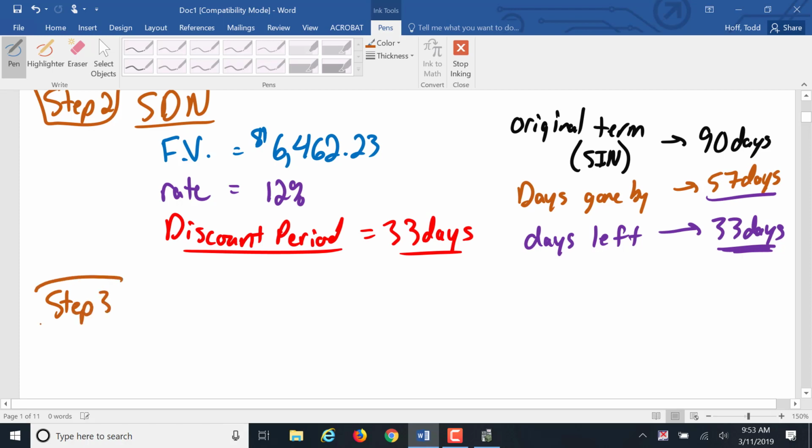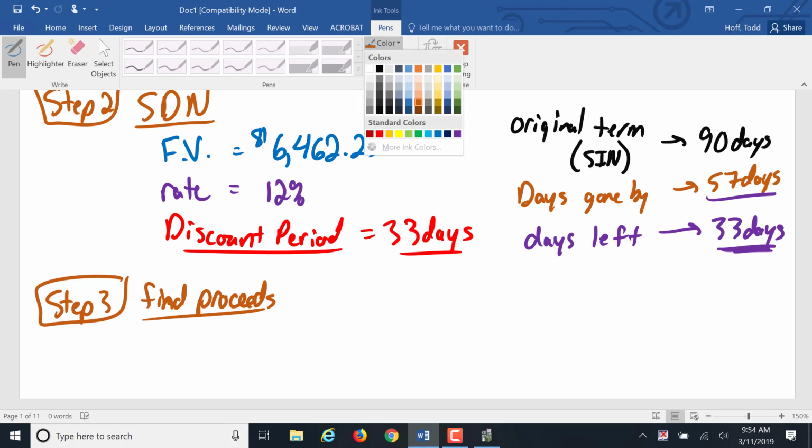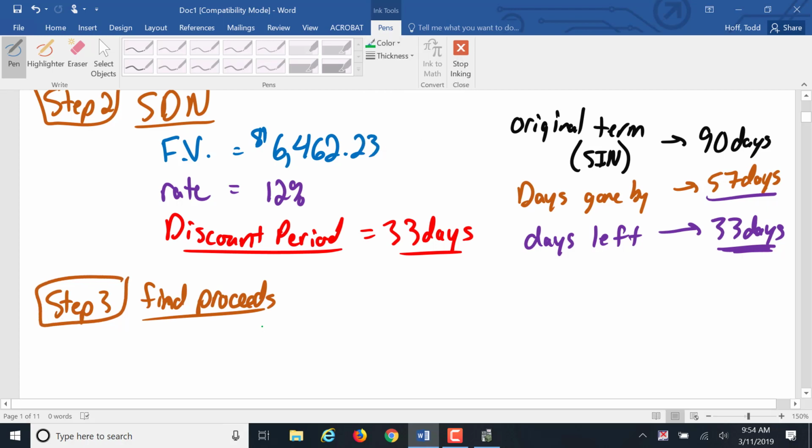So now that we've defined that original note, step 3 is we're going to find the proceeds. That's how much money that Pat is actually going to get from the bank for this note. So we're going to find that discount. Remember, it's interest, or discount equals PRT, our principal, that face value, $6,462.23.